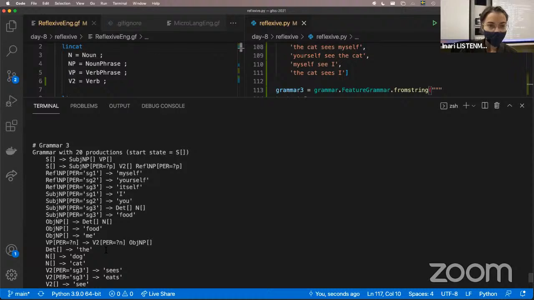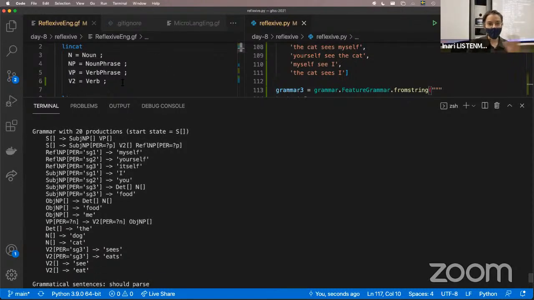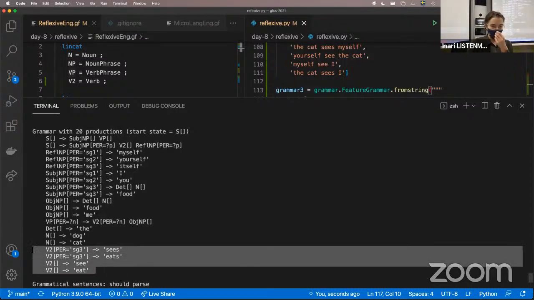So in order to do the same as the GF grammar, we had to split the category of NP into 3. And that's pretty much what we did. We added 5 new productions, and we have some duplicated things, because we don't have a nice inflection table like we have in GF.